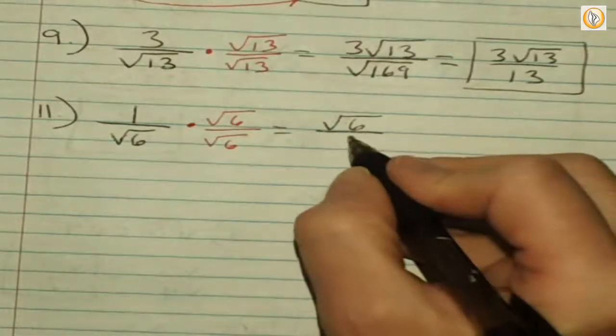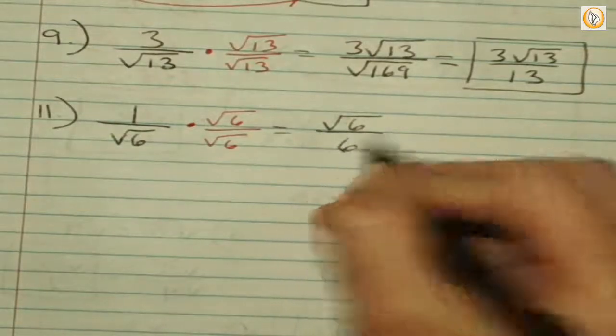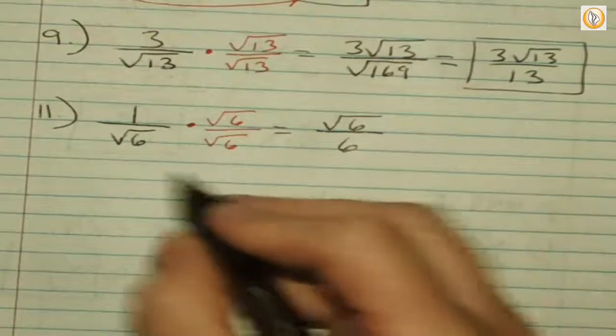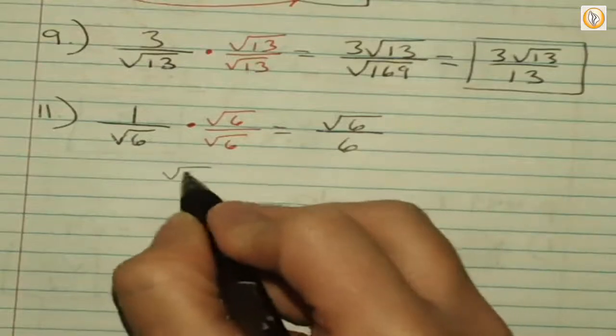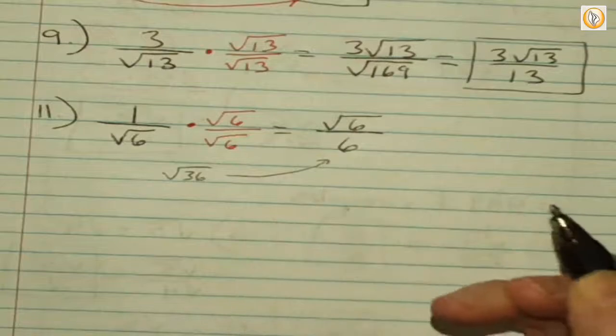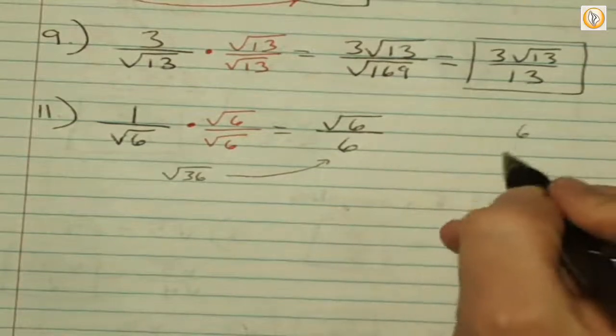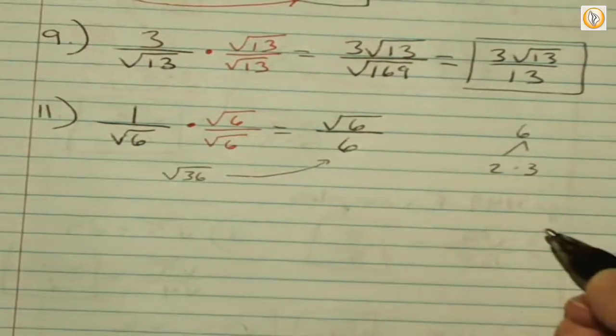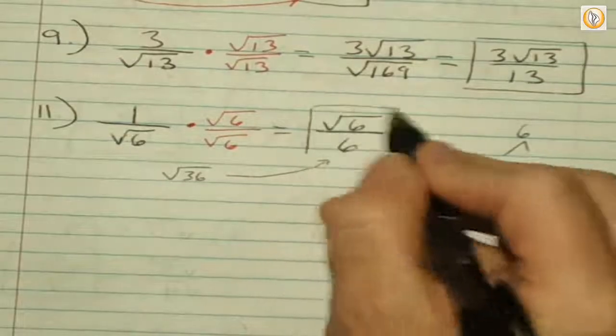Just square root of 6 over 6. Because 6 times 6 is 36, a perfect square, and it becomes just regular 6. This can't be factored or simplified any further, so you are done.